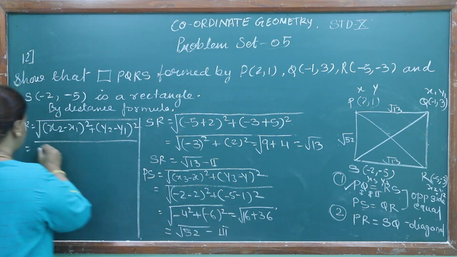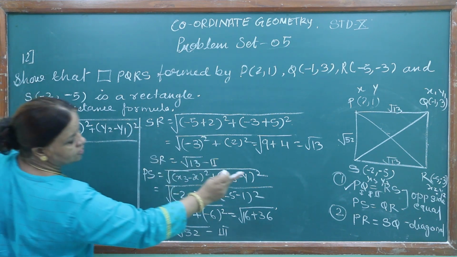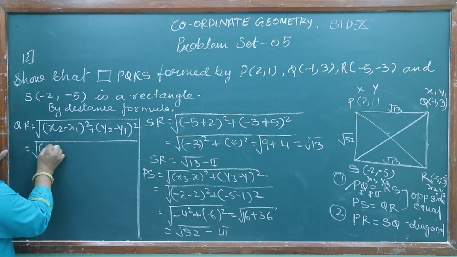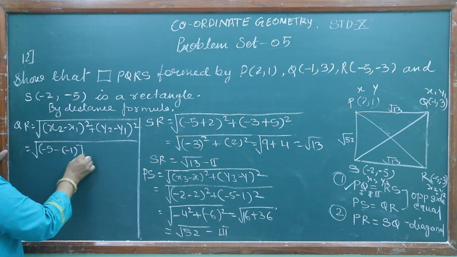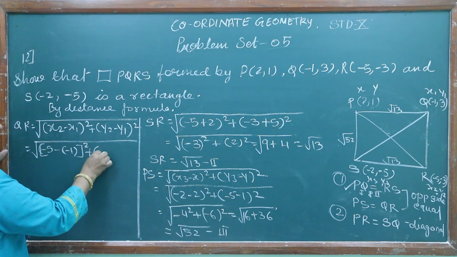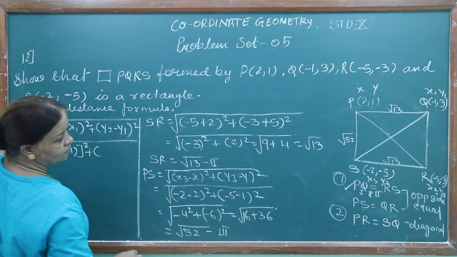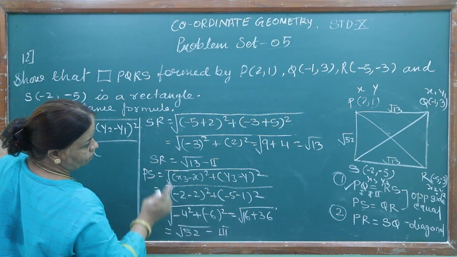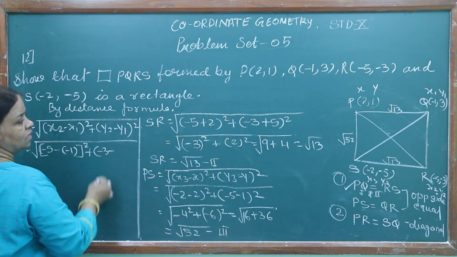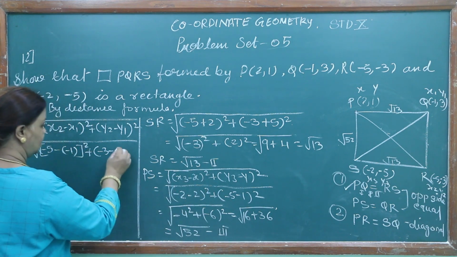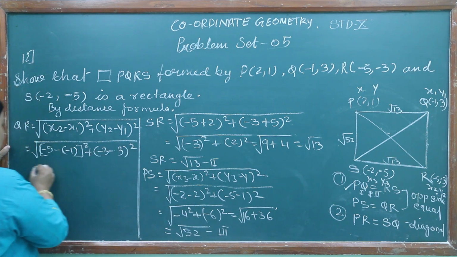Now place the value, children. x2 is minus 5 minus x1 is minus 1 the whole square, plus y2 is minus 3 minus y1 is 3 the whole square.